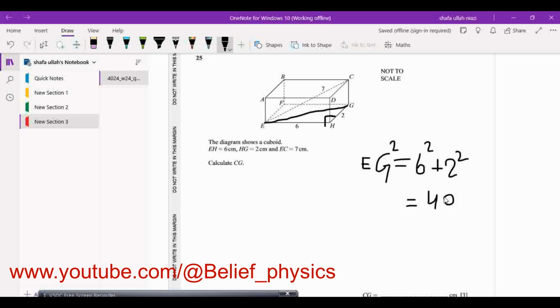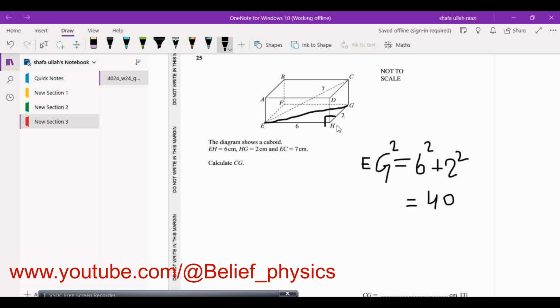Now, in this triangle EGC, let me draw it for you. EGC. This is E, and this is G, and this is C. This is 7.